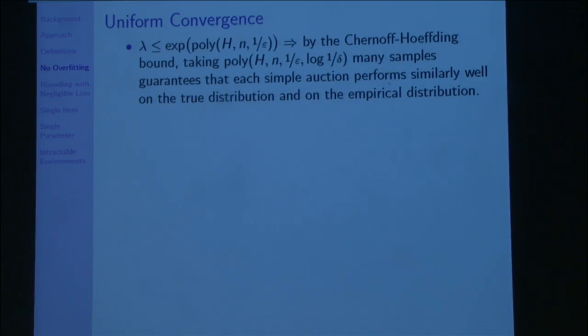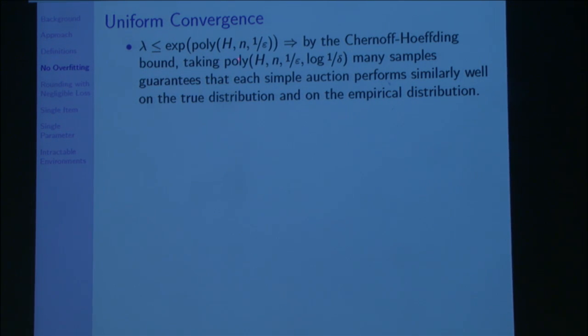Okay, so uniform convergence. What we would have liked to say is, lambda is the number of H epsilon simple auctions in the world. So there are at most exponential in polynomially many such auctions. So apply your favorite concentration bound here, Azuma, Chernoff-Hoeffding, whatever.